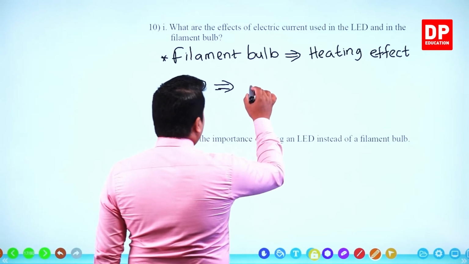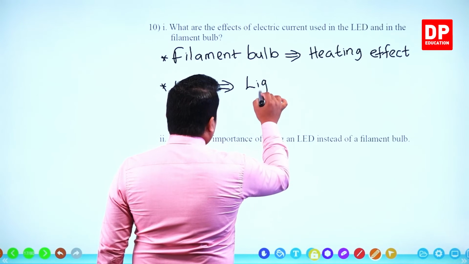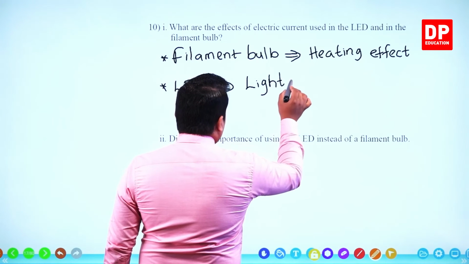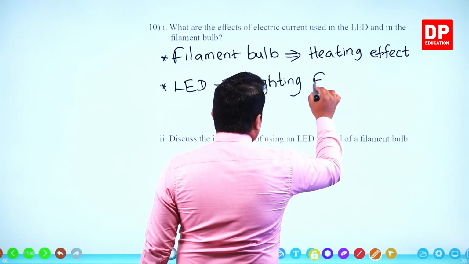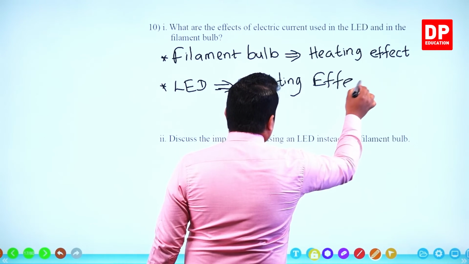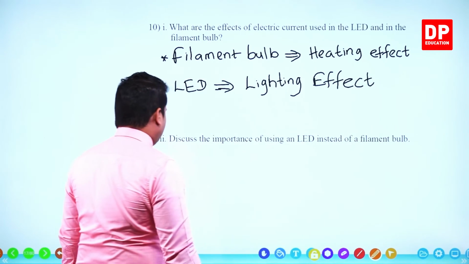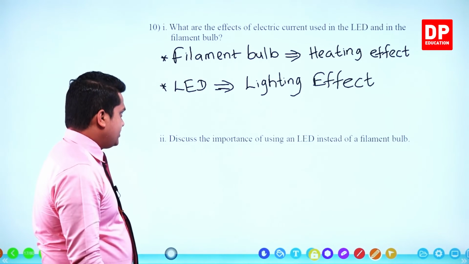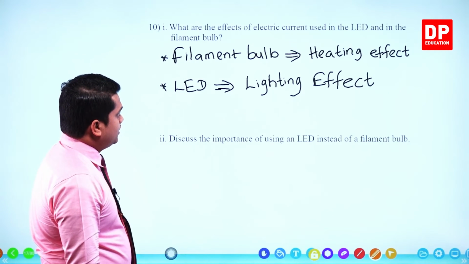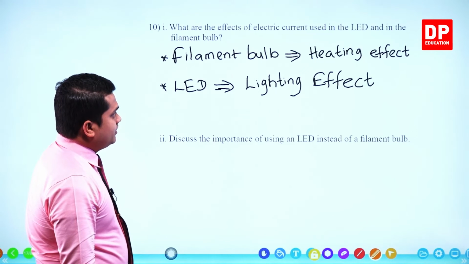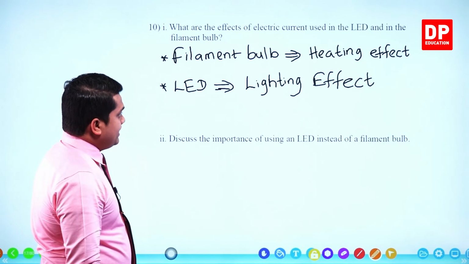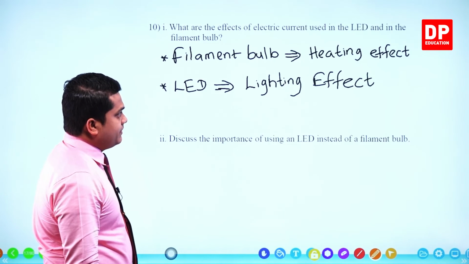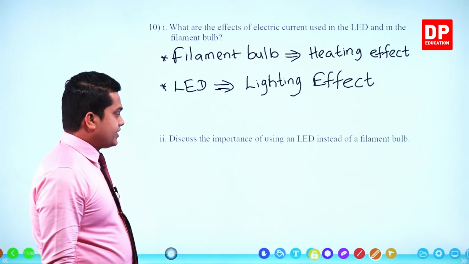So LED, lighting effect. Right, lighting effect. So in the filament bulb, the heating effect is the main effect given out, and in LED, the lighting effect is the main effect which is given out.